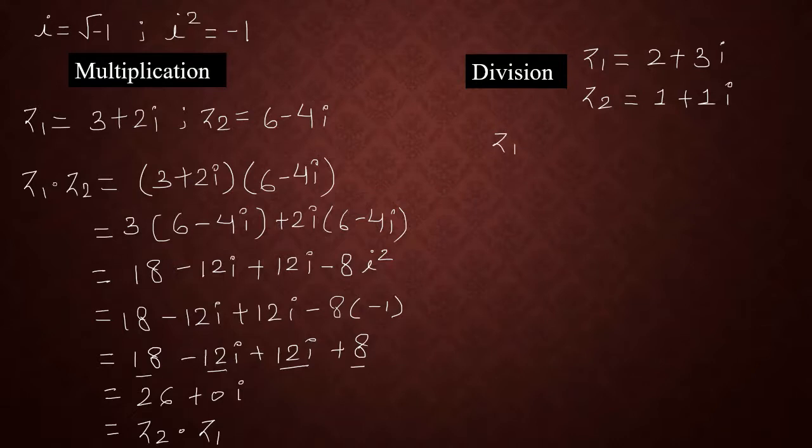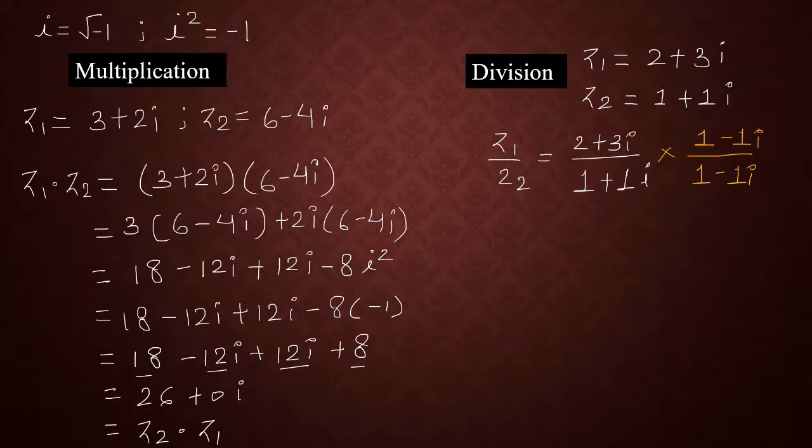We are writing Z1 divided by Z2, we have 2 plus 3i whole divided by 1 plus 1i. Whenever you are doing division of two complex numbers, we take the conjugate of the denominator. You will multiply that conjugate of the denominator with the denominator as well as with the numerator. This is the important adjustment we are doing for finding division of two complex numbers.